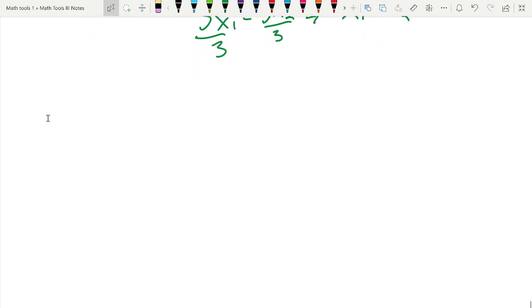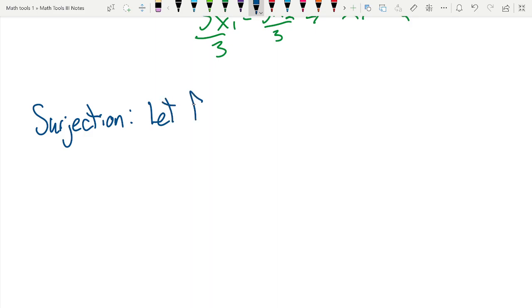So now let's take a look at the definition of a surjection. This is not one we've really looked at before. We looked at the one-to-one function, but we haven't looked at this before.